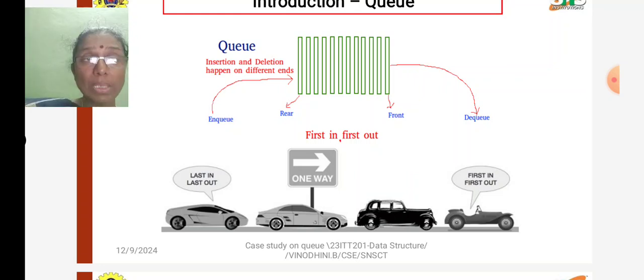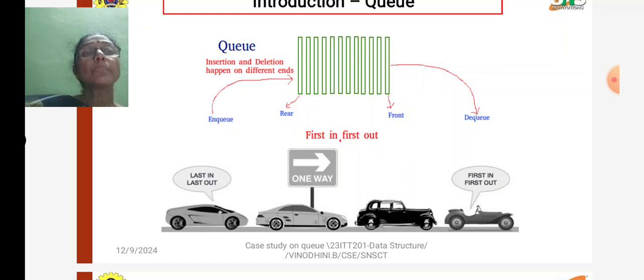Based on our problem statement, we implement a queue, but it should be a priority queue. Why do we select a priority queue? Because we assess the patient based on emergency and waiting time, which we have to consider in the emergency department.